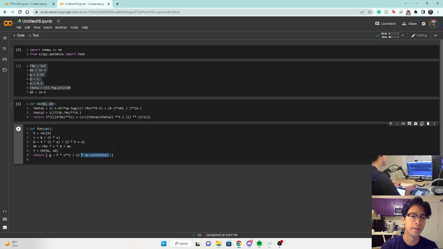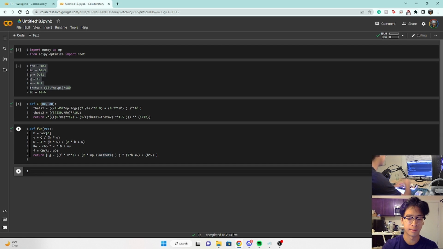I should probably keep this in a quantity, and then this whole quantity multiplied by 2 times h plus width divided by h times width. I think we should be good.